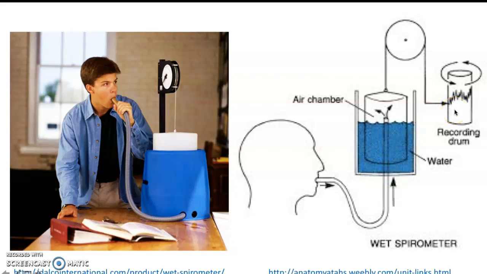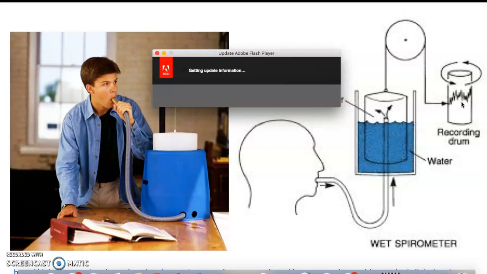So we could obtain a recording that showed the displacement of the air chamber drum, and then we could further quantify that displacement to determine the volume of air that is inhaled and exhaled. And obviously this is called a wet spirometer.